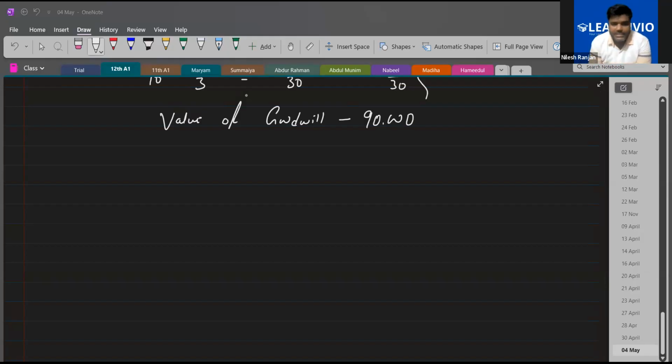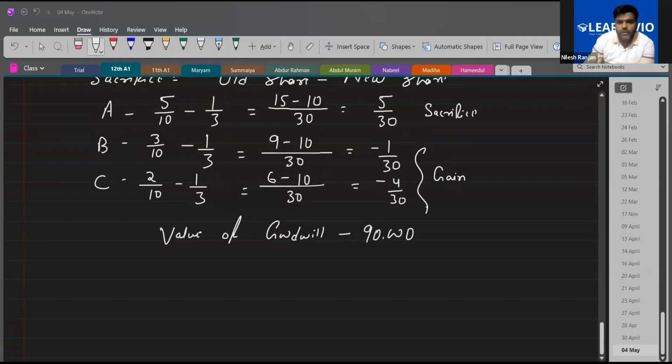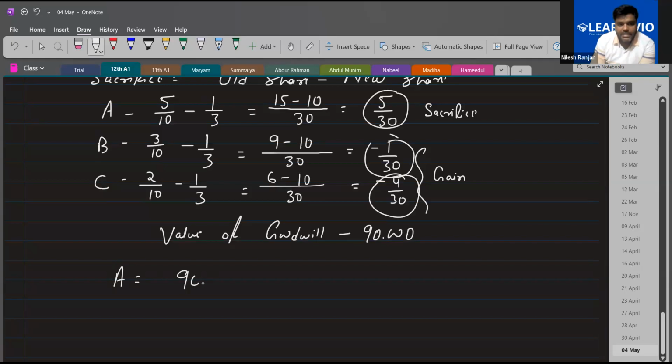So the value of goodwill is 90,000. Now we have to multiply it with all these shares. For A, it is 90,000 into 5/30. For B, it is 90,000 into 1/30.